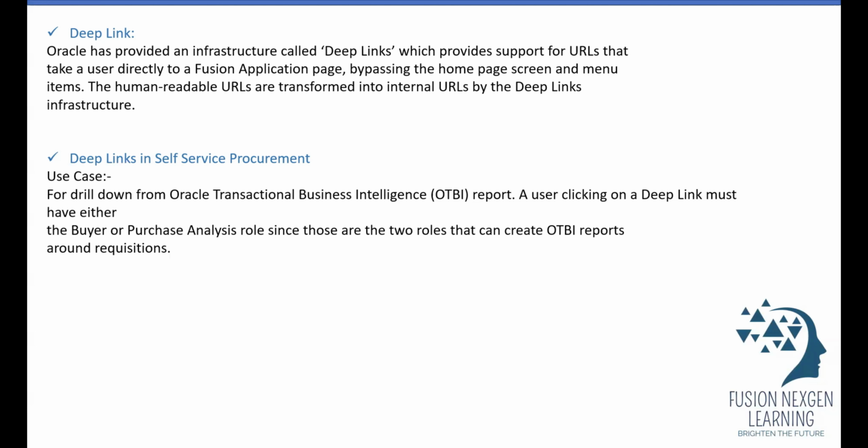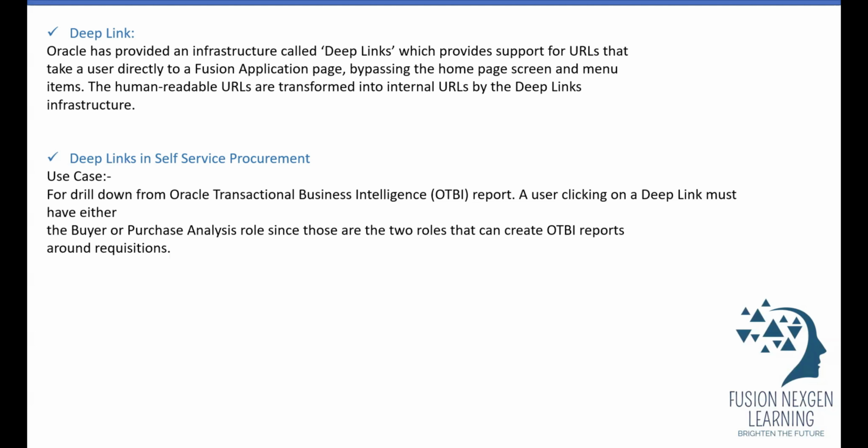We talked about and understood what the deep link concept is and where we can utilize it. These deep links are supported within purchasing, self-service, sourcing, and negotiation, and you can utilize all of them. Each product will have certain options available, so you have to use only those options.